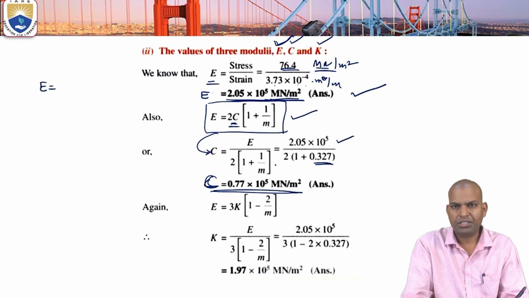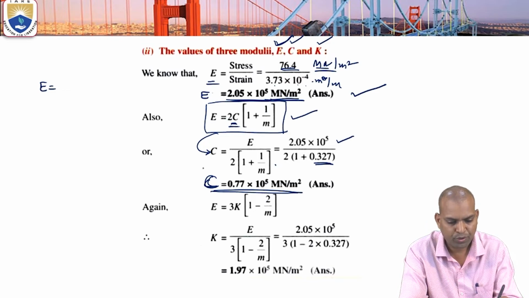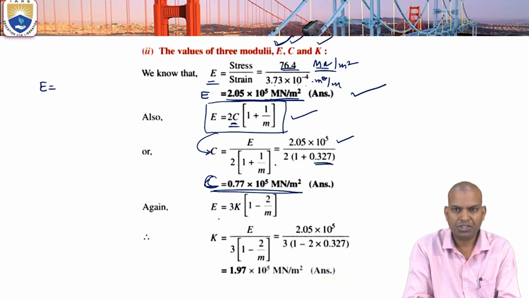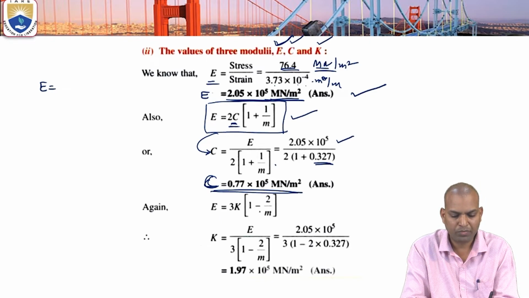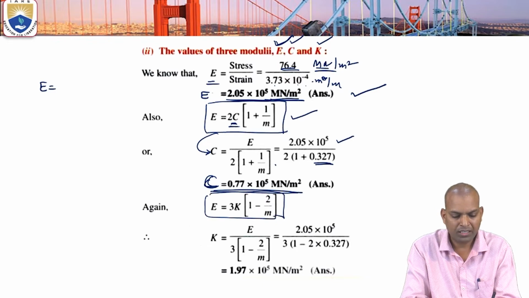Next, the third relation, we know E and we know C. We have to find out K. Another relation is E equal to 3K times 1 minus 2 by m. Here the output objective is K, the bulk modulus.